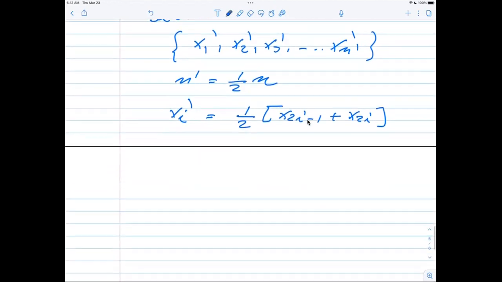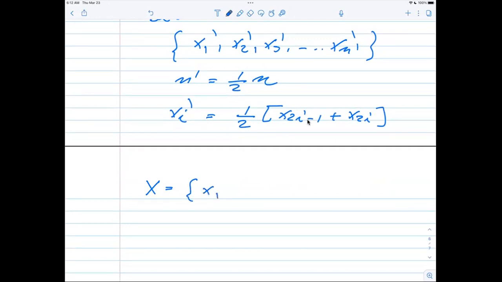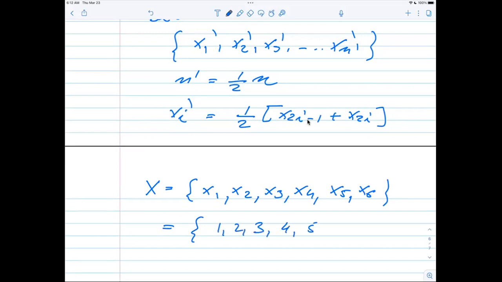So let's take a data set which has only 6 observations. And we are going to make these observations extremely simple. These are the data sets which we have. And the observations are, these are like the stupid passwords, which you have 1, 2, 3, 4, 5, 6.